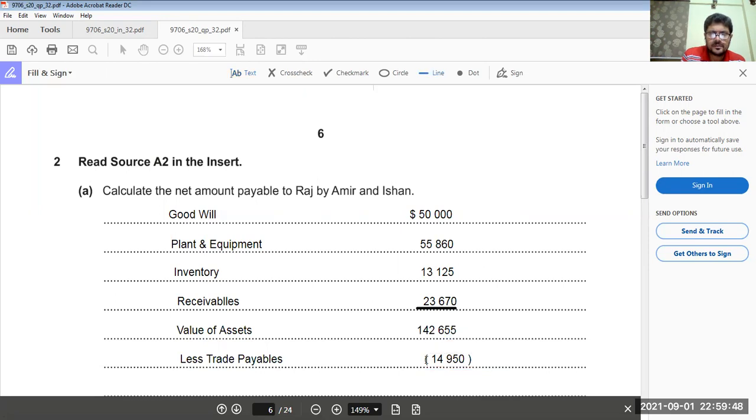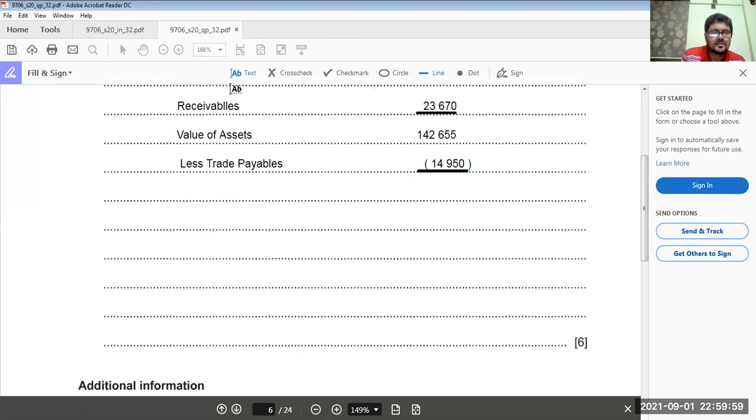Now, the value of business will be the value of assets minus 14,950, which is 127,650, roughly 127,070.